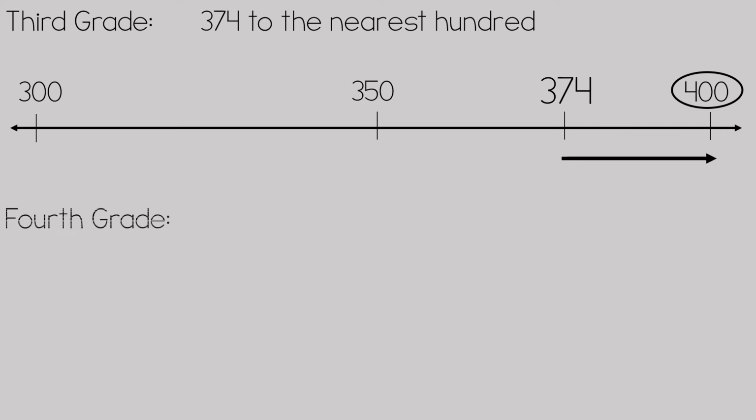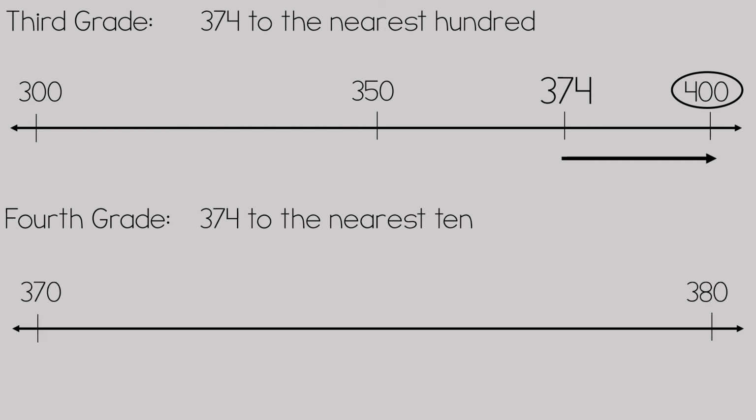In fourth grade, students are taught to round to any place value even if it is not the greatest place value. For example, students might be asked to round 374 to the nearest 10. The students would figure out the range. Since the 7 is in the tens place, or 70, the range would be from 370 to 380.